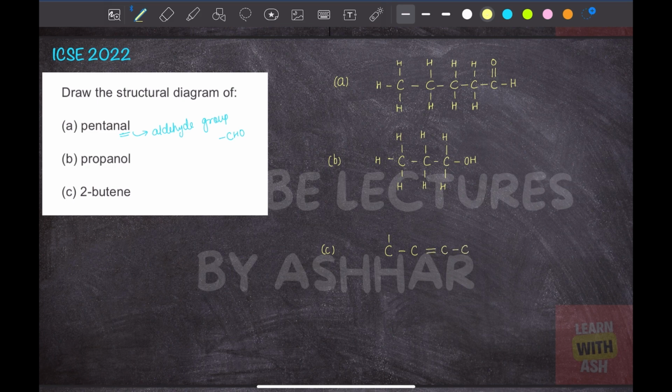Now this will contain 3 bonds. This will contain only one because its valencies are satisfied over here: 1, 2, 3 and 4. Over here 2 and these 3. So this is the structure for 2-butene.